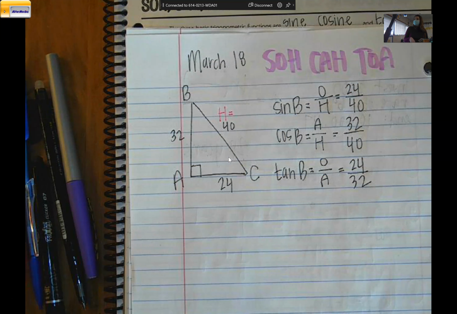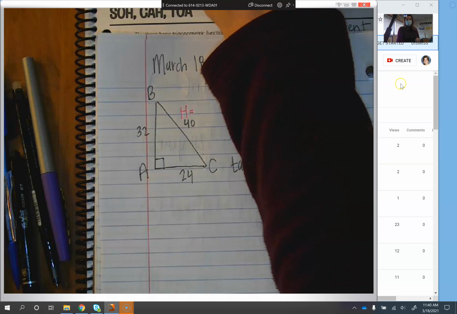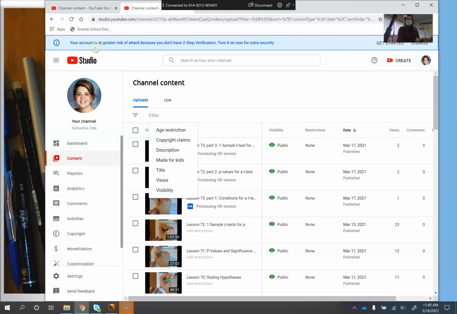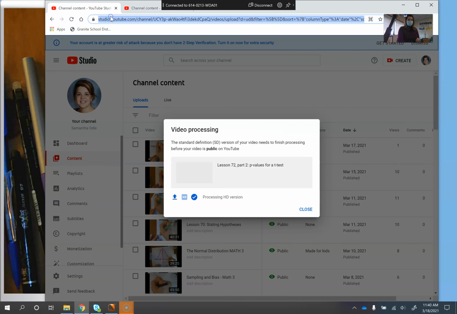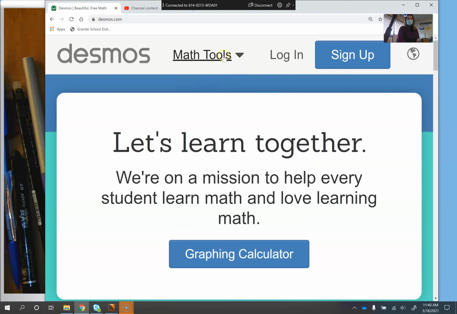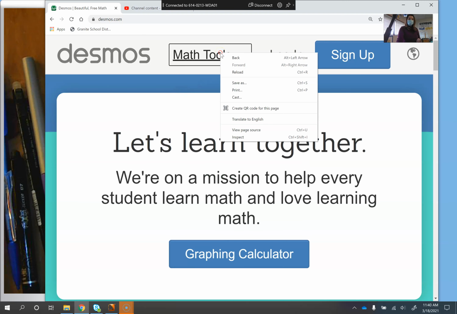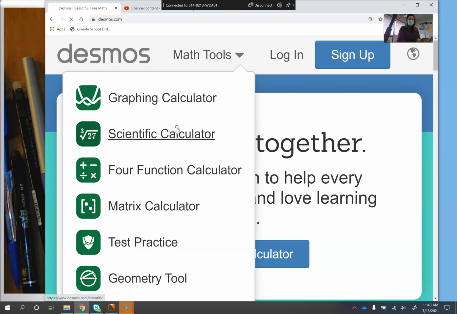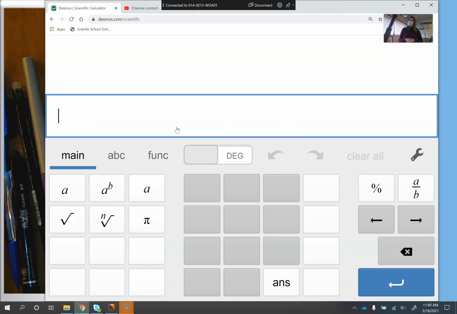But there's one last important thing to do. Do you guys have an idea what that might be? We got to simplify. So for me personally, Desmos is the easiest way to simplify. If you go to Math Tools, choose the scientific calculator.